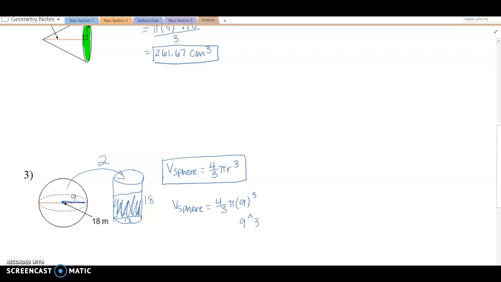If you do that correctly, that would give you 729 for 9 cubed. So just check that with your calculator. And then put this all into your calculator, 729 multiplied by 4/3, that's times 4 divided by 3 times pi. In this case, I would get approximately 3,052.08 meters cubed.